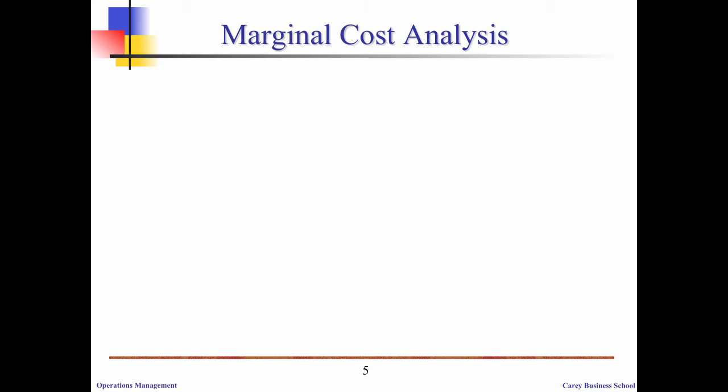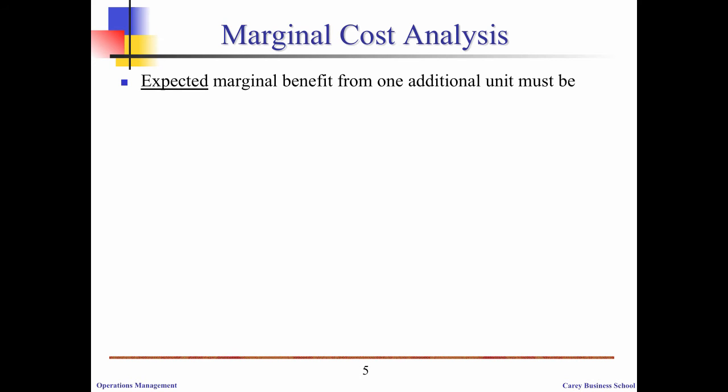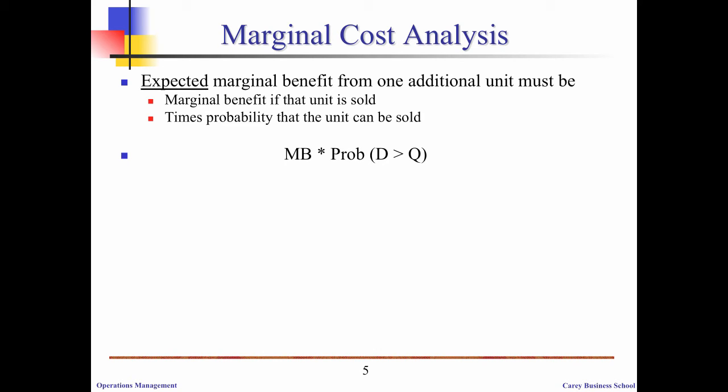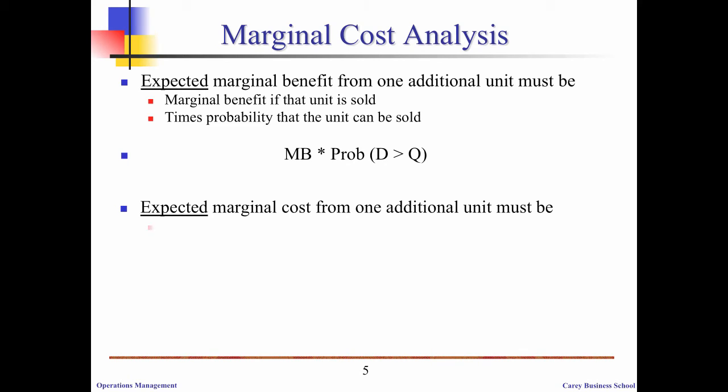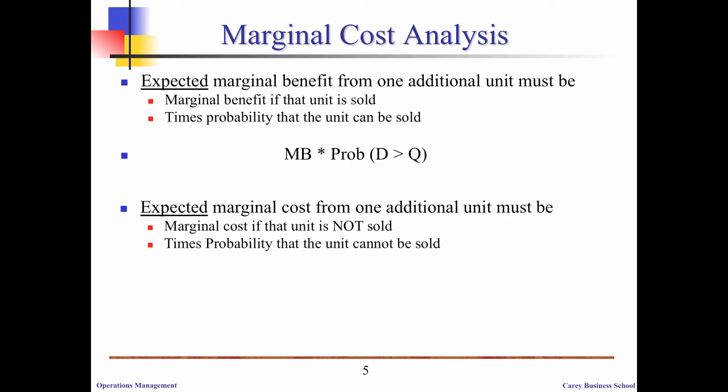We emphasize that this is the expected marginal benefit because what we really mean is the marginal benefit if the unit can be sold times the probability that it can be sold. The expected marginal cost refers to the cost if a unit cannot be sold times the probability that it cannot be sold.